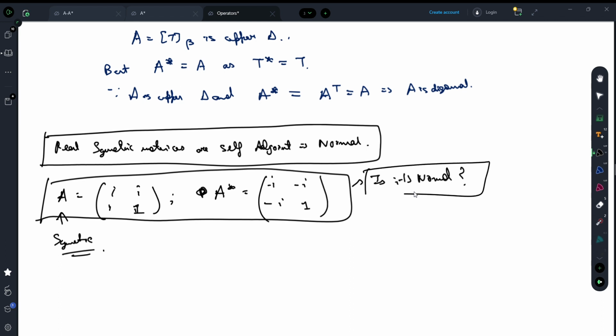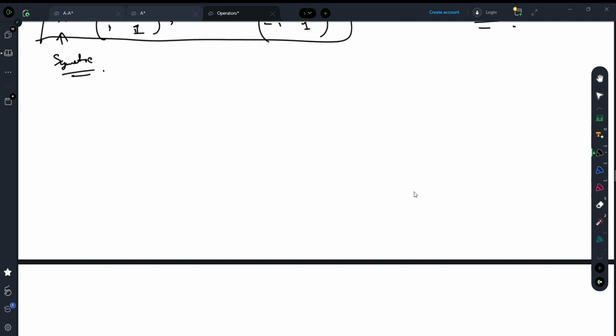It's evidently not self-adjoint, right? But is it normal? It's not normal as well. Clear? So real symmetric matrices are trivially normal, but this is not true for complex symmetric matrices.